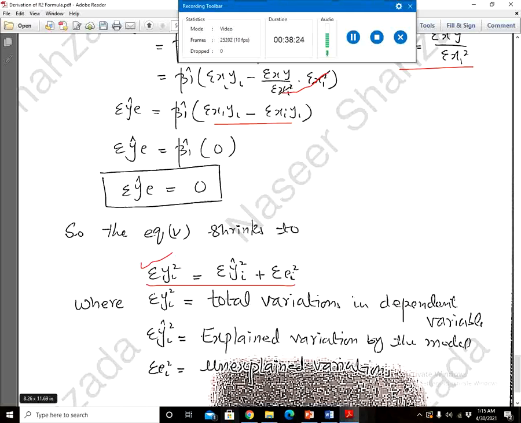And this is the basic equation that we will use in future, like to derive the formula of r square and many other places, where summation yi square is the sum of square of the total variation, summation yi cap square is the sum of square of explained variation in the model, and summation ei square is the sum of square of unexplained variation.